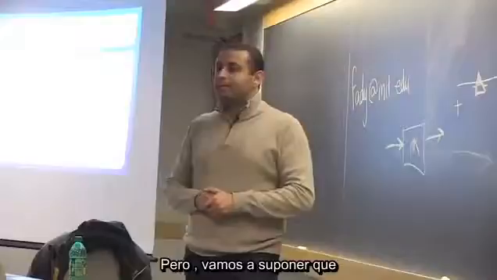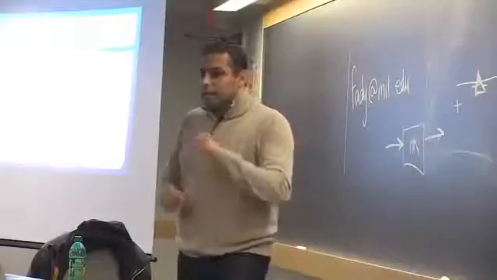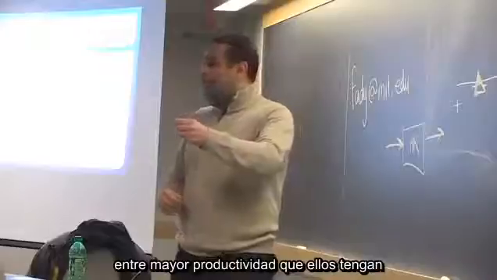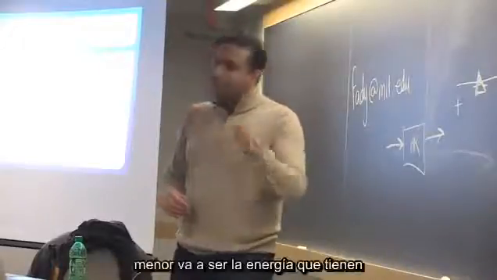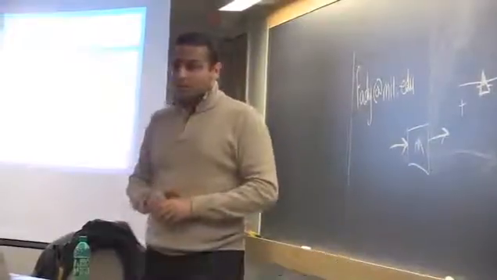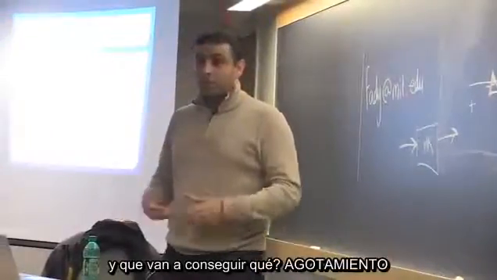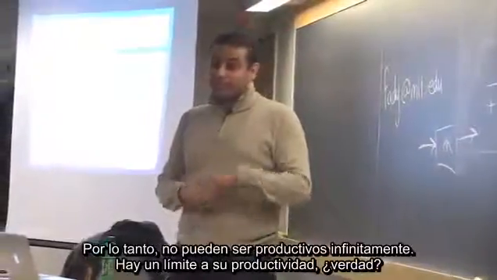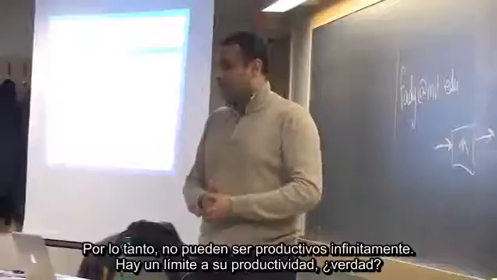But let's assume that the more productivity they have, the less energy they have, because they get what? Exhausted and burned out, right? So they cannot be productive infinitely. There is a limit to their productivity, right?